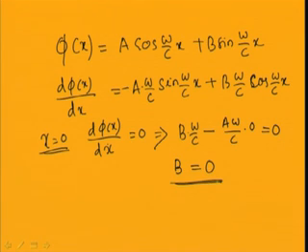So, as b equal to 0, phi(x) now becomes phi(x) equal to a cos(omega/c x).